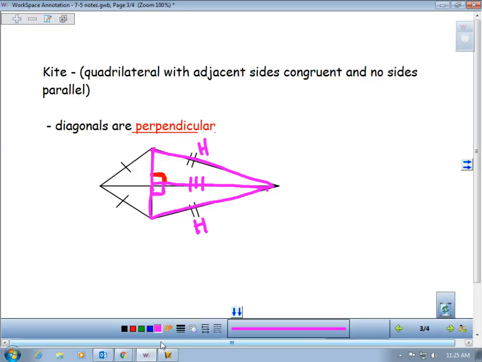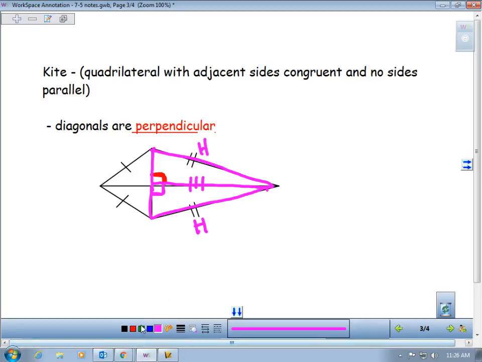Because those two triangles are congruent, what do I know is true about their parts? That's right, their parts are congruent. Why are their parts congruent? Do you remember that theorem? Yeah, CPCTC, absolutely. Okay, so guess what?